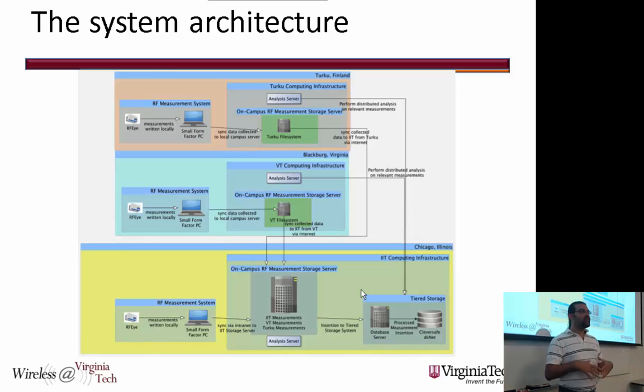So we have the same system duplicated in the sites in Turku. It's the same system, the same hardware that is used here in Virginia Tech, the same hardware that is used in IIT. And everyone buffers at his site, then the data is pushed to the main servers in IIT.